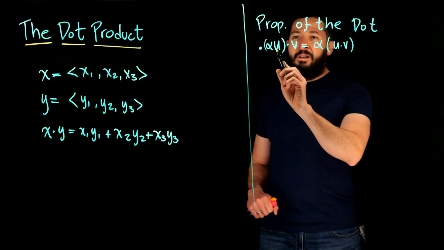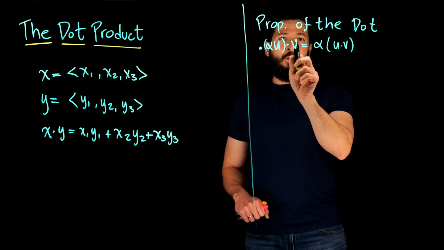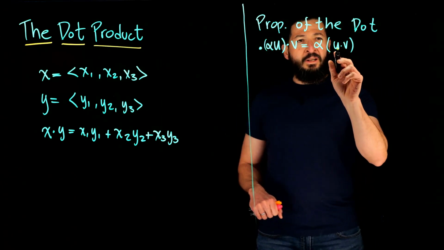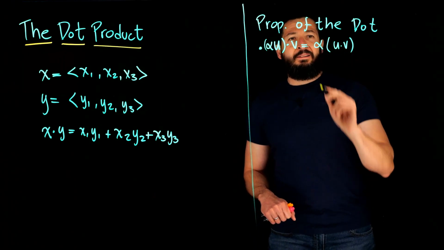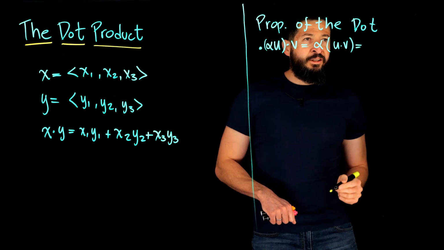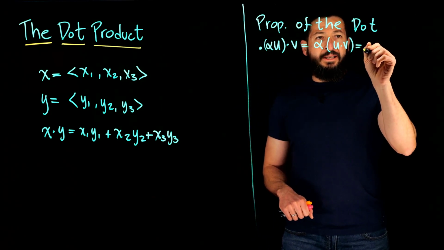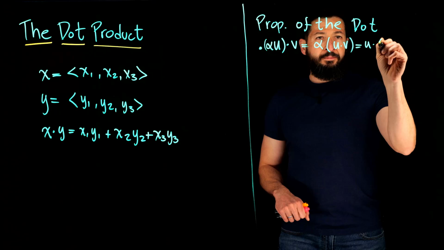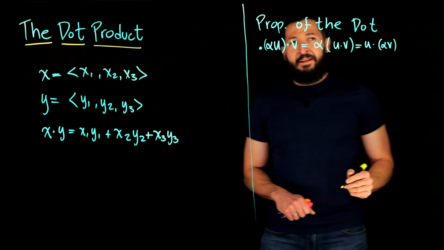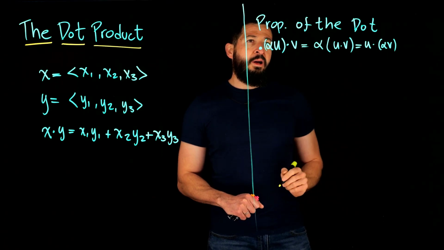So now notice here, alpha times u is a vector, dot v is another vector, dot a vector gives you a real number. U dot v is a real number, multiplied times alpha is another real number. Similarly, you can move alpha into the next coordinate, and you get the same result in either position.